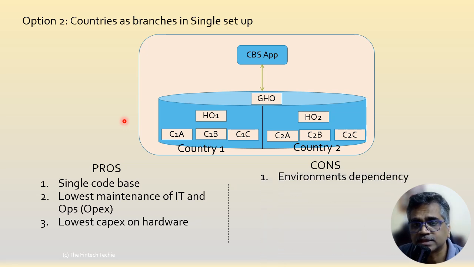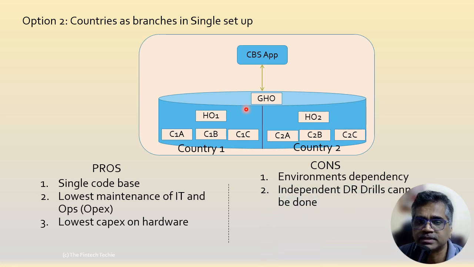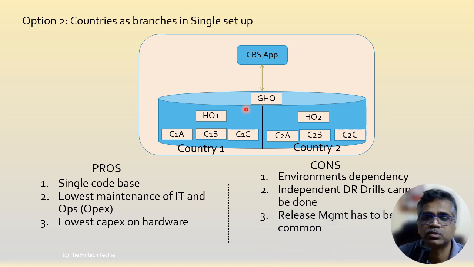But the cons is that there is a lot of environment dependency. If you have an issue with country one, you're going to impact the other countries hosted on the same database. Independent DR drills cannot be done. You have to do both the countries together because of the same infrastructure. Thirdly, the release management has to be common. So if you're deploying something, it becomes applicable for all.